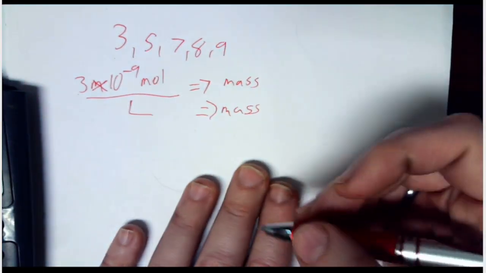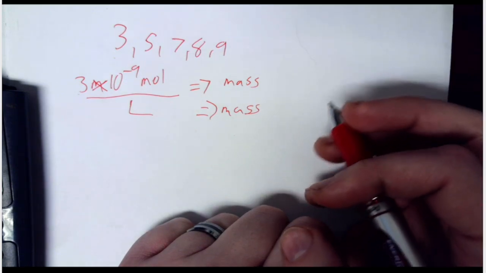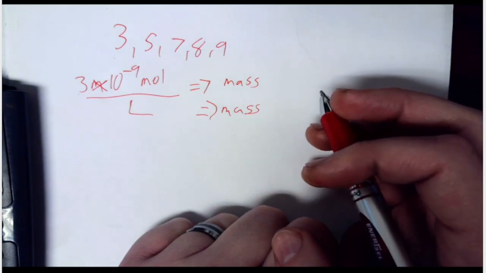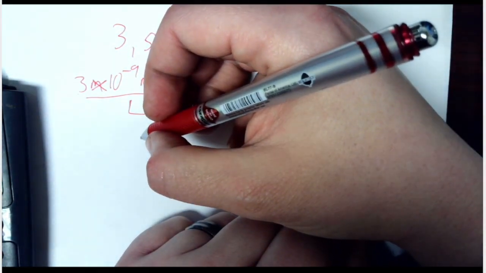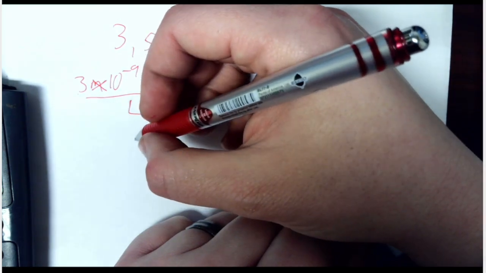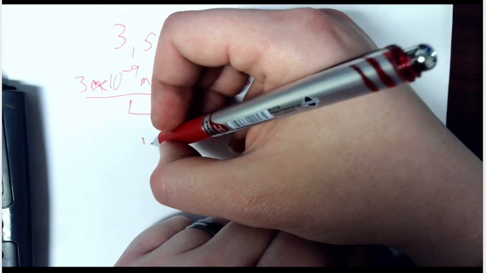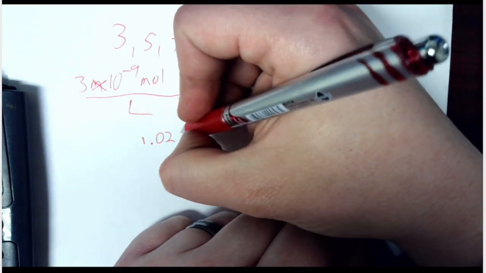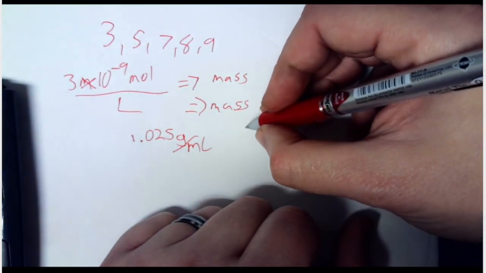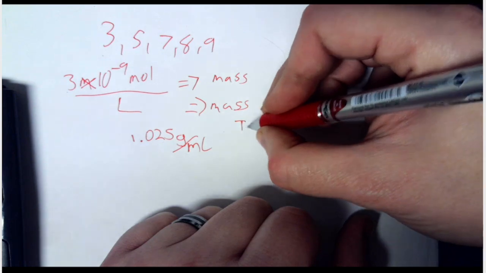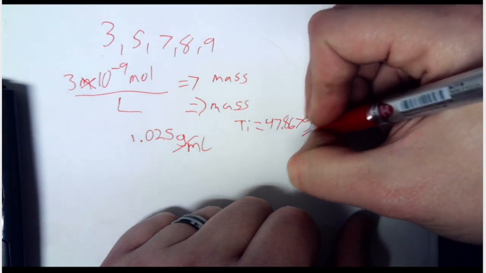There's really one thing we need to know, and that is the density of seawater, which is something like 1025 grams per milliliter, and we need to know the molar mass of titanium, being something like 47.867 grams per mole.